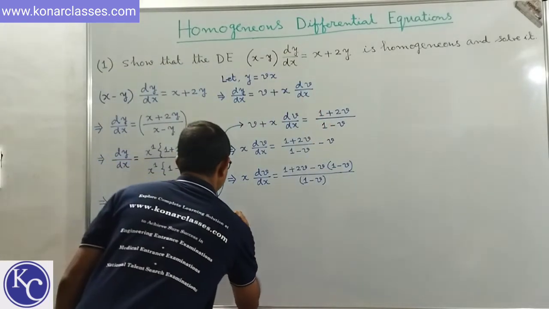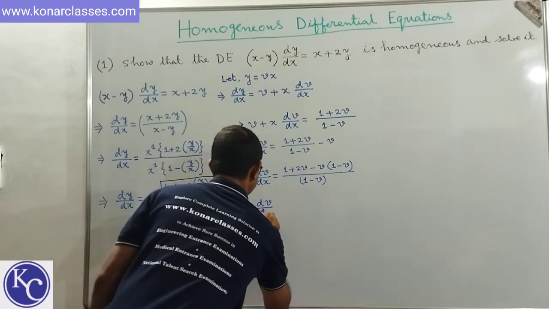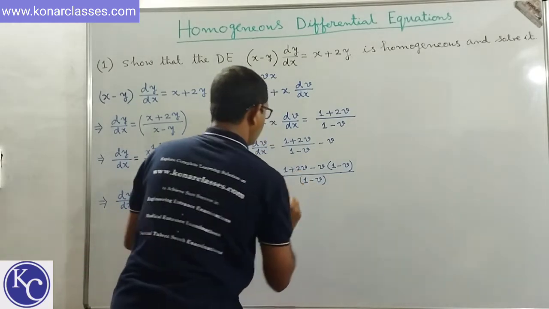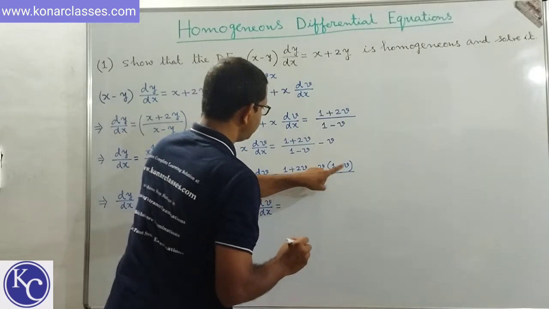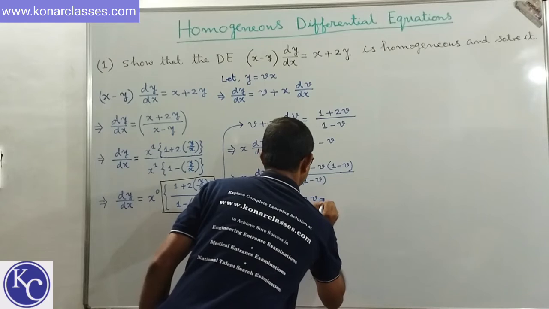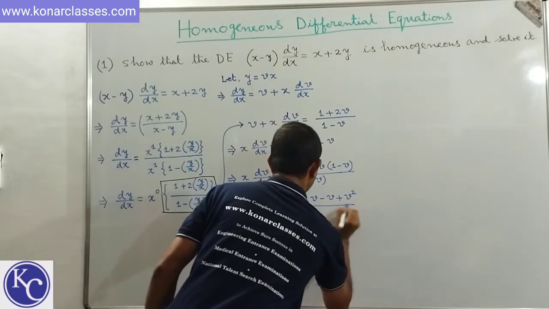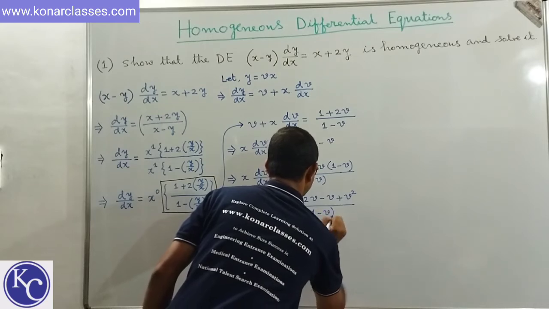So this implies x into dv/dx is equal to 1 plus 2v minus v plus v square. Let me write it elaborately: 1 plus 2v minus v plus v square divided by 1 minus v.